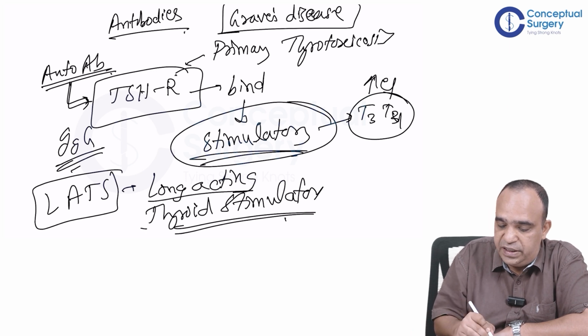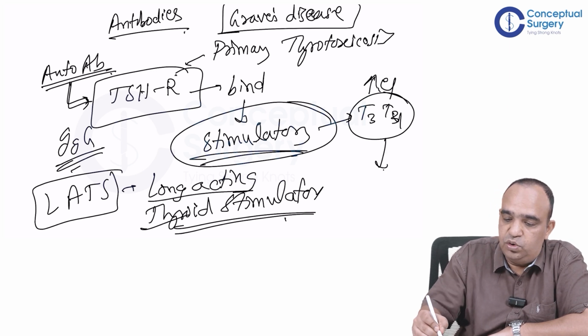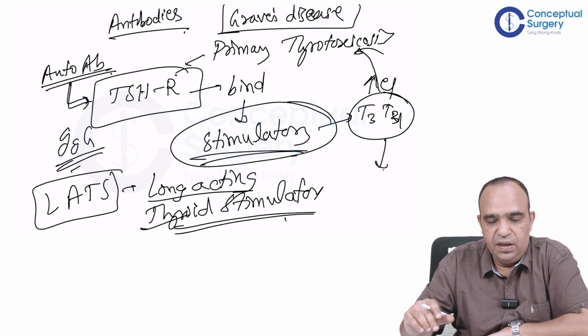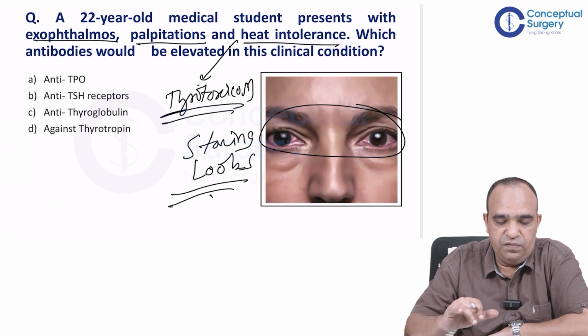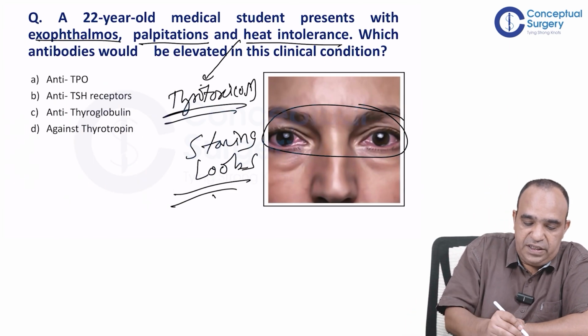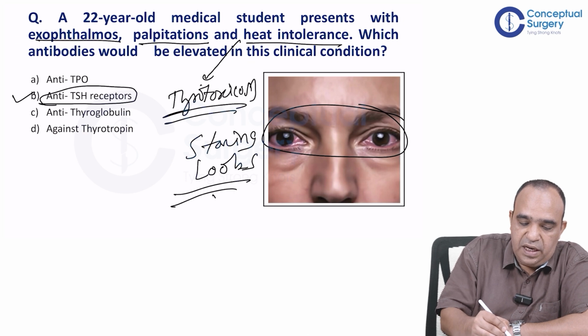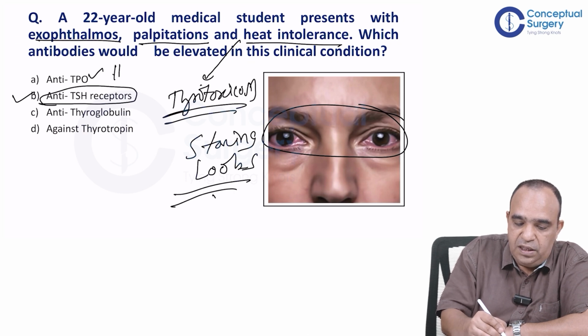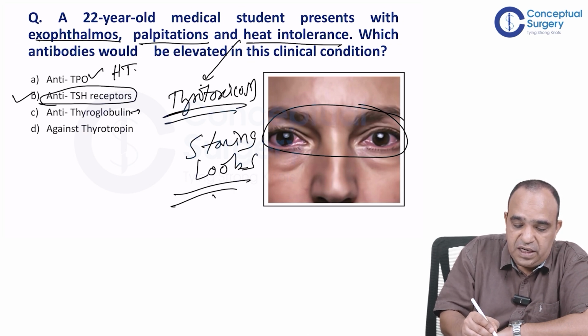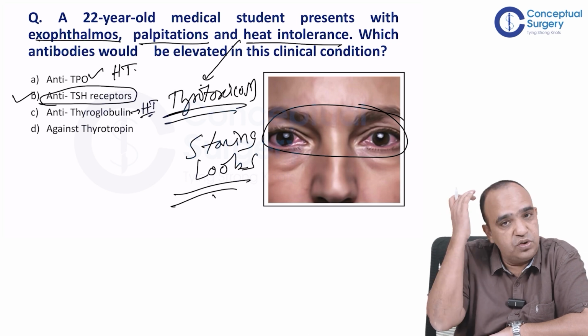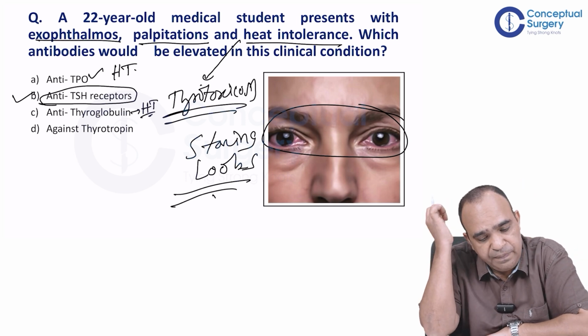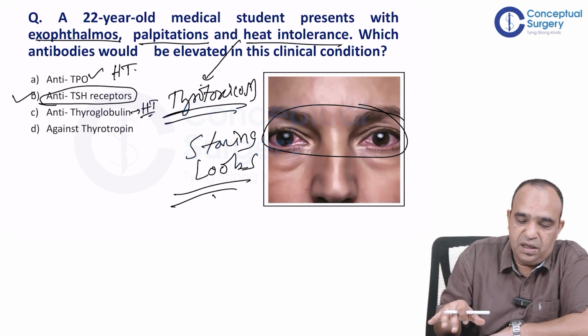So that leads to thyrotoxicosis. This is the mechanism of the pathology. So anti-TSH receptors. Anti-TPO are seen in Hashimoto's thyroiditis. Anti-thyroglobulin also seen in Hashimoto's thyroiditis. This we will discuss later with Hashimoto's.